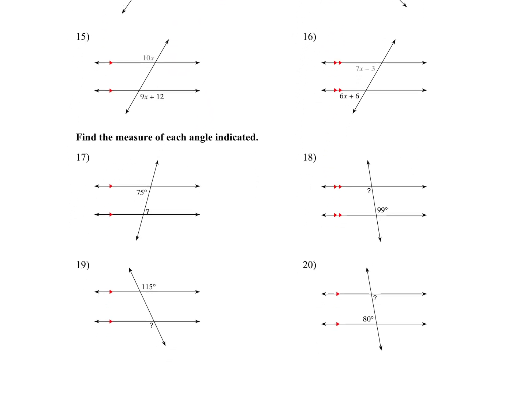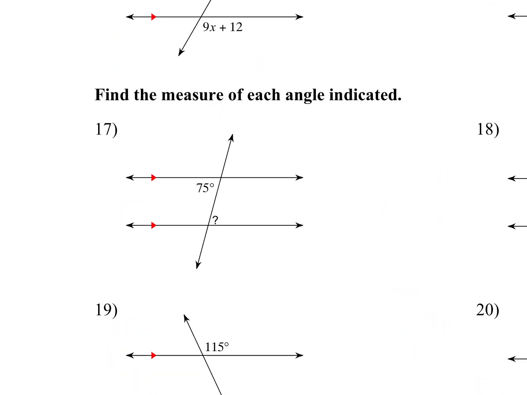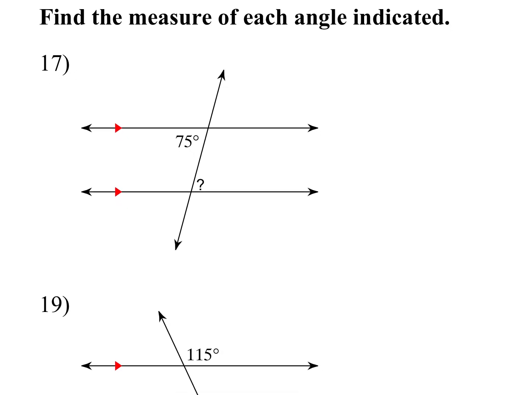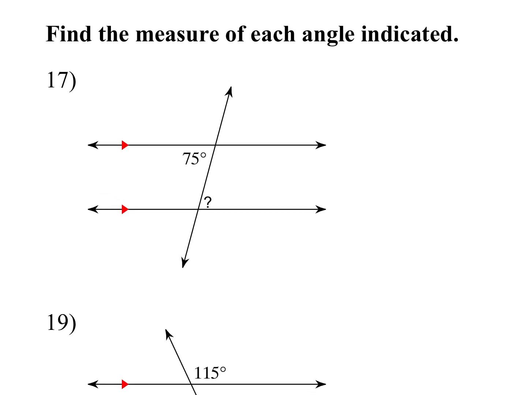Finding the measure of each angle indicated. Looking at number 17, who could tell me the answer for my question mark? 75. Anytime they're alternating, or on opposite sides, they're going to be congruent. So alternate interior and alternate exterior are going to be congruent.